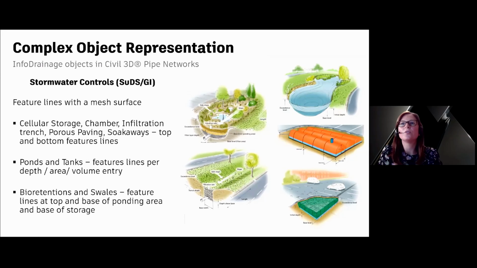So moving on to the stormwater controls. These, again, are represented in a lot of detail in InfoDrainage, but don't have an equivalent within the Civil 3D pipe networks. So they're represented with feature lines connected by mesh surfaces.